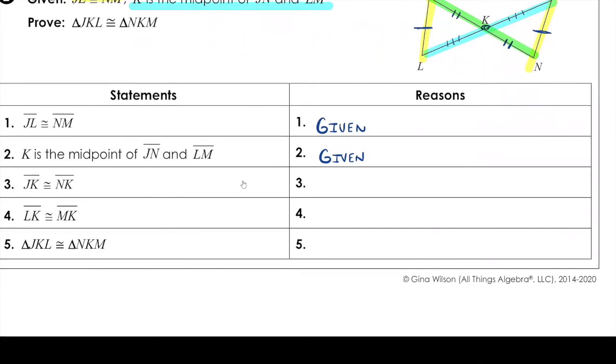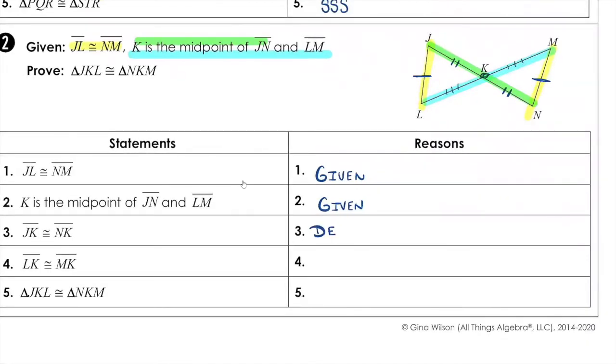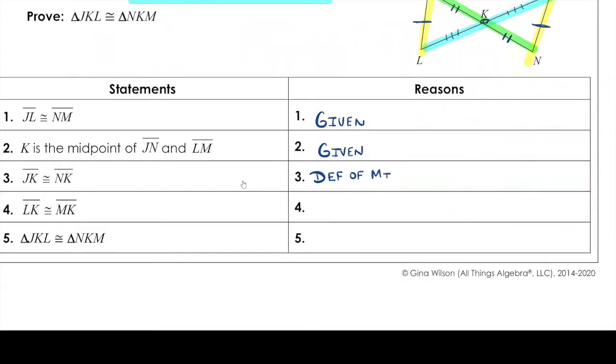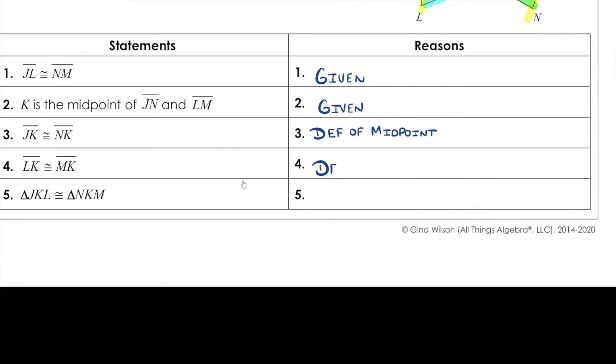Yeah, so the K being the midpoint is what makes those two segments congruent. So definition of midpoint. How do we know LK is congruent to MK? That's our blue. How do we know that? Yeah, same thing. Definition of midpoint.